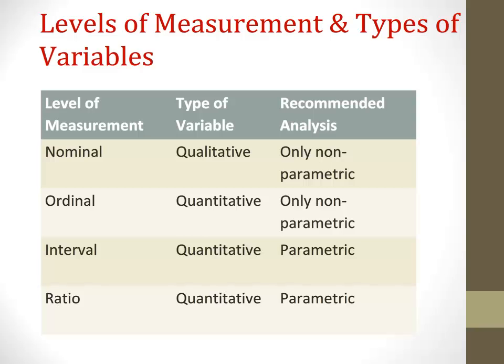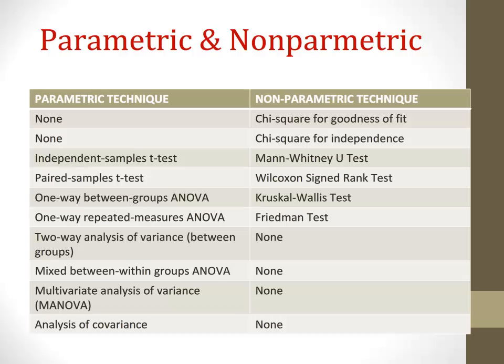The point here is that the level of measurement or type of variable determines the choice of either a non-parametric or parametric analysis. Now, parametric and non-parametric are 2 broad classifications of statistical procedures. It's generally easier simply to list examples of each type, rather than actually defining the terms, and we'll talk about why that is in a moment.